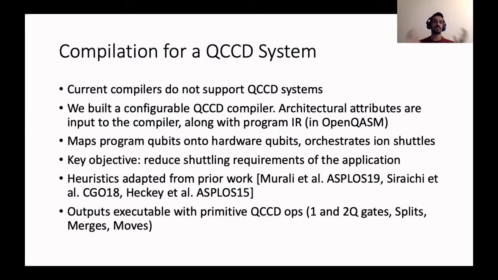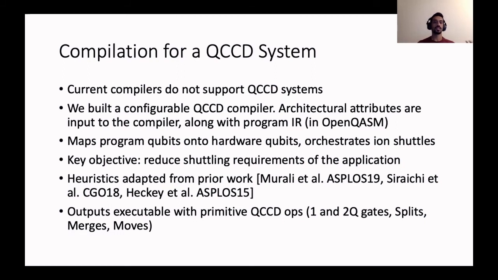In terms of compilation, current compilers don't really support QCCD systems, so we had to build a configurable compiler for this class of systems. Architectural attributes like trap sizes are input to this compiler along with the program's intermediate representation. The compiler maps the program qubits down to the hardware qubits in the system, and it orchestrates the ion shuttles.